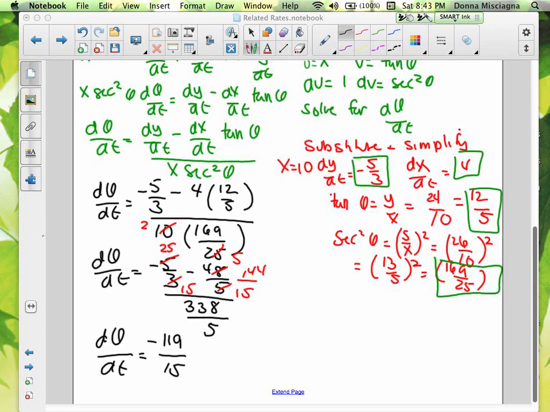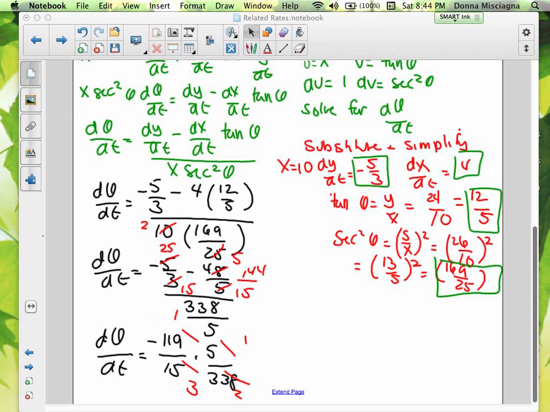Divided by 338 fifths. Dividing by a fraction is the same as multiplying by the reciprocal, times 5 over 338, and that reduces pretty nicely. The 5 and 15 were right, they look so close together.